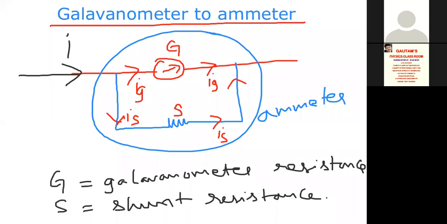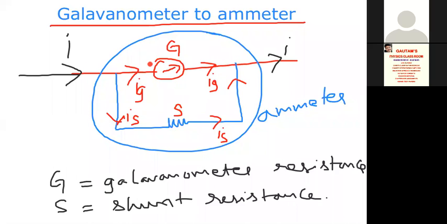If you observe carefully, I divided as Ig and Is. Is and Ig combine as I, and come out from the ammeter. Now I is the ammeter current. The total part is called the ammeter.